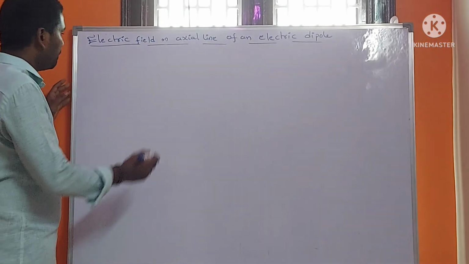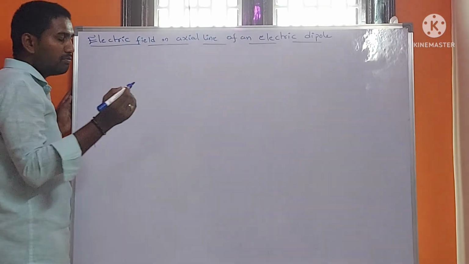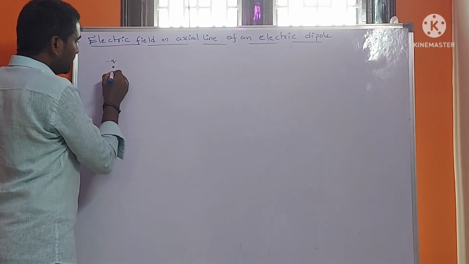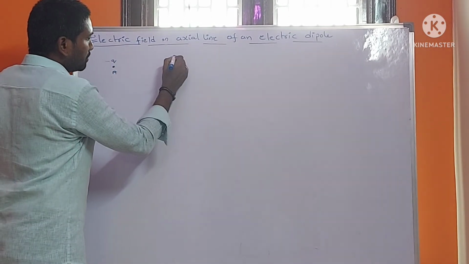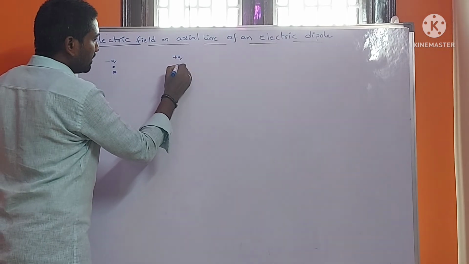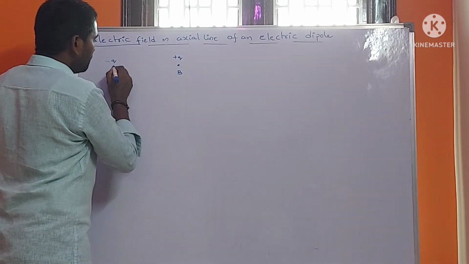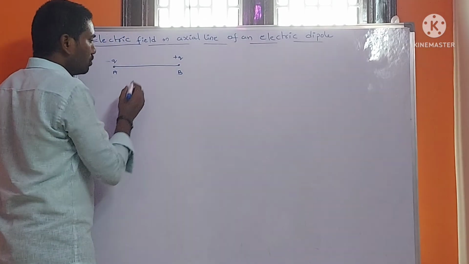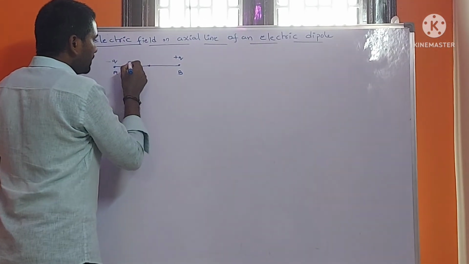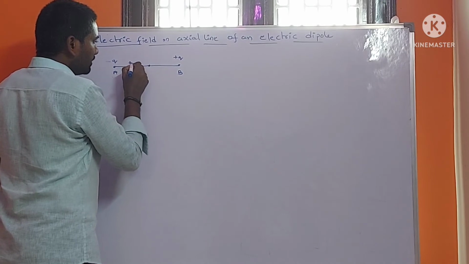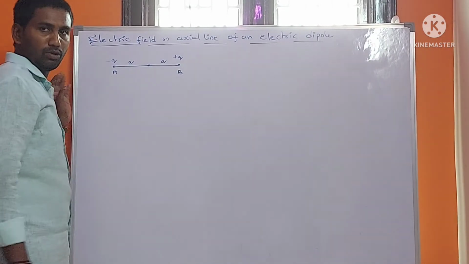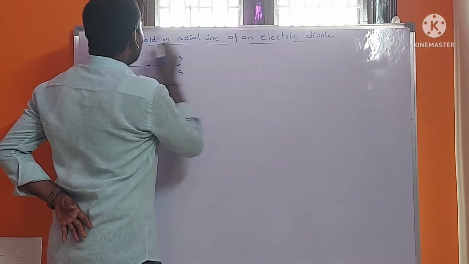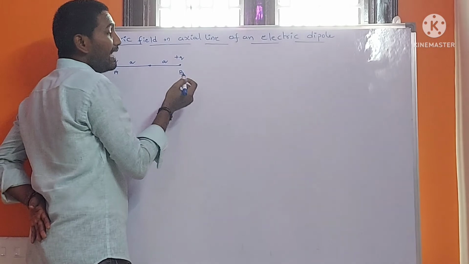For example, the electric dipole consists of two charges, the negative charge placed at A and the positive charge placed at B. The line joins those two charges, separated by a distance 2a, where we already know the distances are a and a. Here we find the electric field on the axial line.